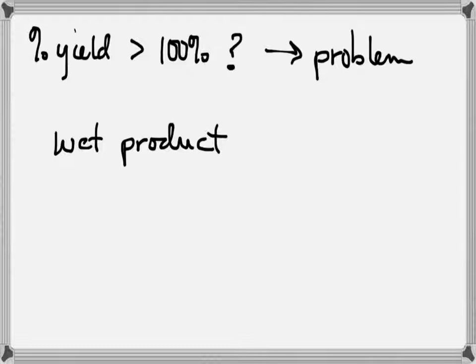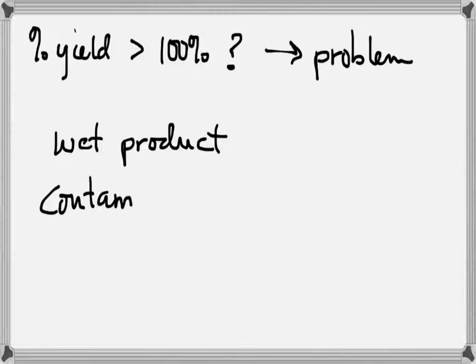Because we are looking at little samples here, around a gram. And you throw a little bit of water in there, and it's going to change the mass a lot. So if your product is wet, then it seems to weigh more. It looks like you made more product than you actually did, and so you can get a percent yield over 100.